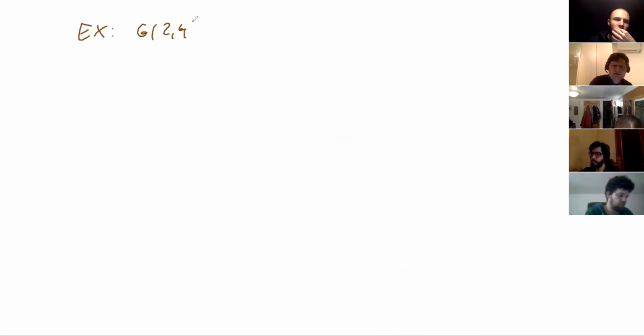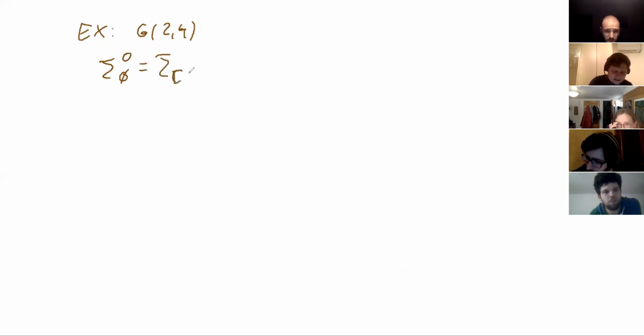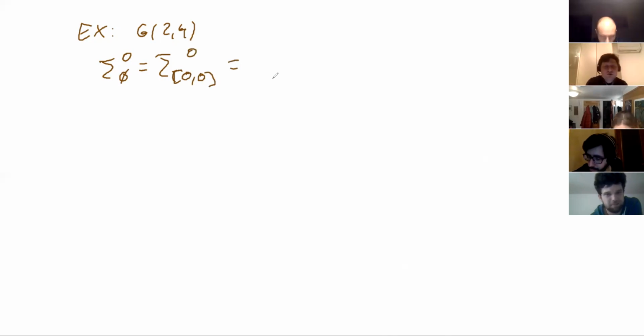So we are now doing the example of G(2,4). So we will be dealing with 2x4 matrices. First, people sometimes denote the empty set. Formally, I think in our notation, it should be 0, 0. And to 0, 0 you get the 0th column and the first column. So this looks like this, and these entries are arbitrary.